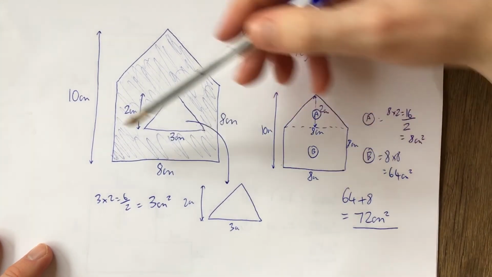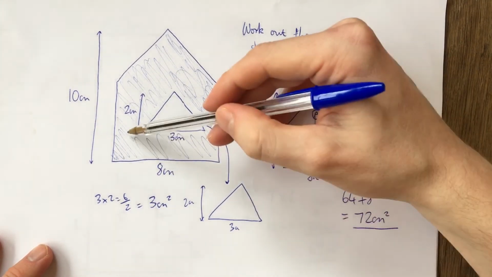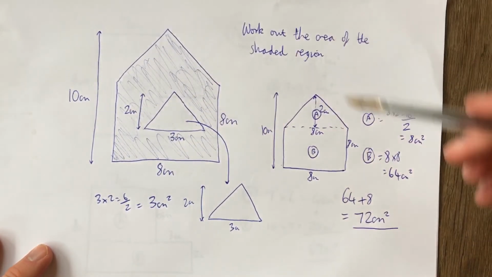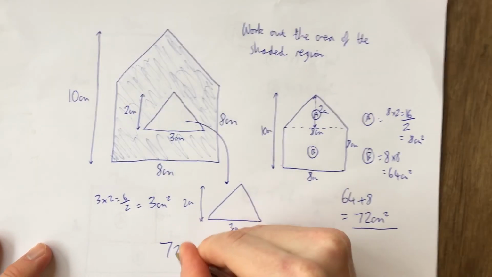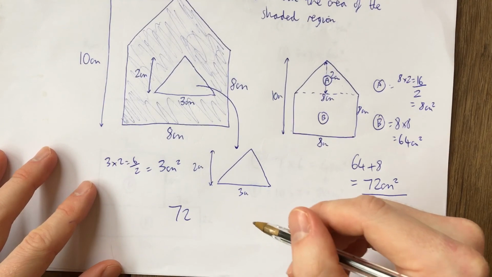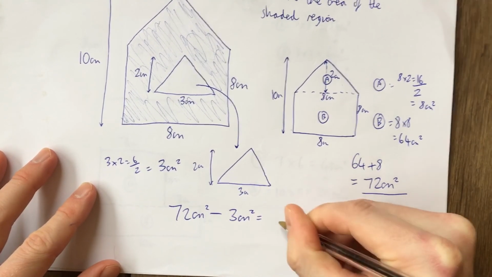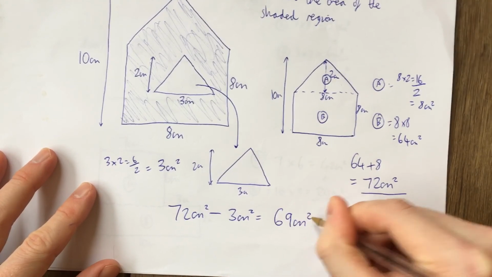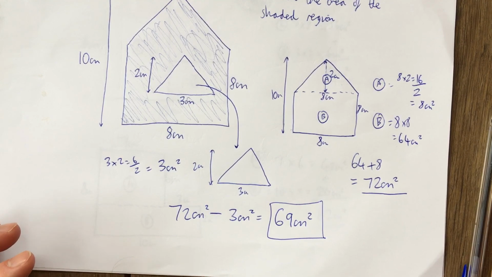The area of the whole thing is 72 centimetres squared. So in order to work out the area of the shaded region, I simply do the whole thing, take away the triangle. So 72 centimetres squared, take away 3 centimetres squared, which is 69 centimetres squared. And that there is our answer. Okay.